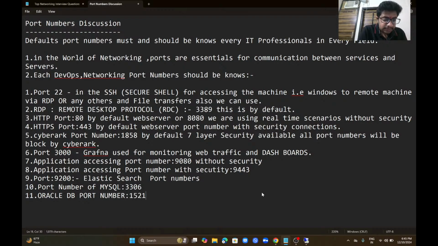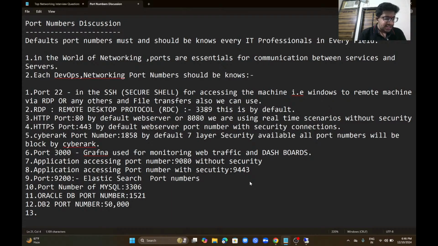And DB2 port number: 50000. In some organizations, based on the scenarios, we make changes to the default port numbers.